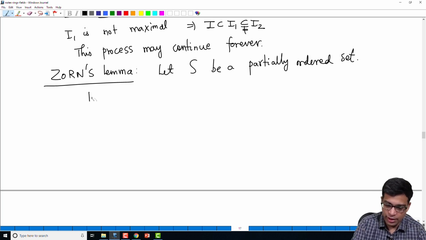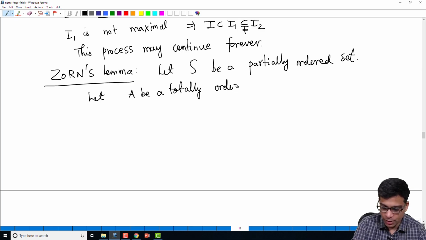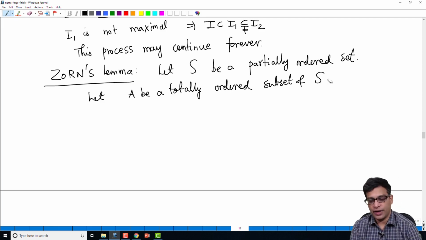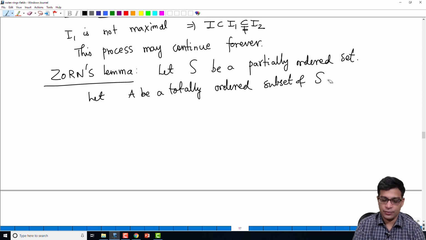Let A be a totally ordered subset of S. That means every two elements of A can be compared and you can say one is bigger than the other. S is only partially ordered, but A is a totally ordered set.